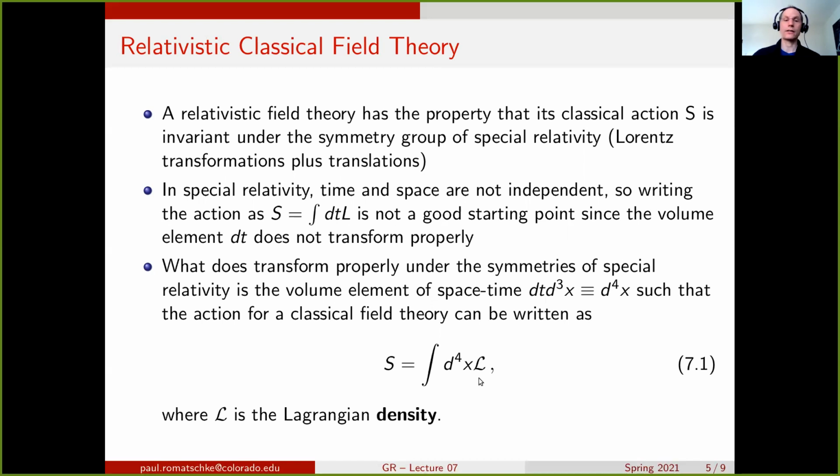And as such, we can write down the action for classical field theory that is the integral over d^4x times now something that generalizes the Lagrangian. It is now not a Lagrangian, it is now a Lagrangian density because we integrate over space as well as time. And that will be the form of our action that we need for our field theories.